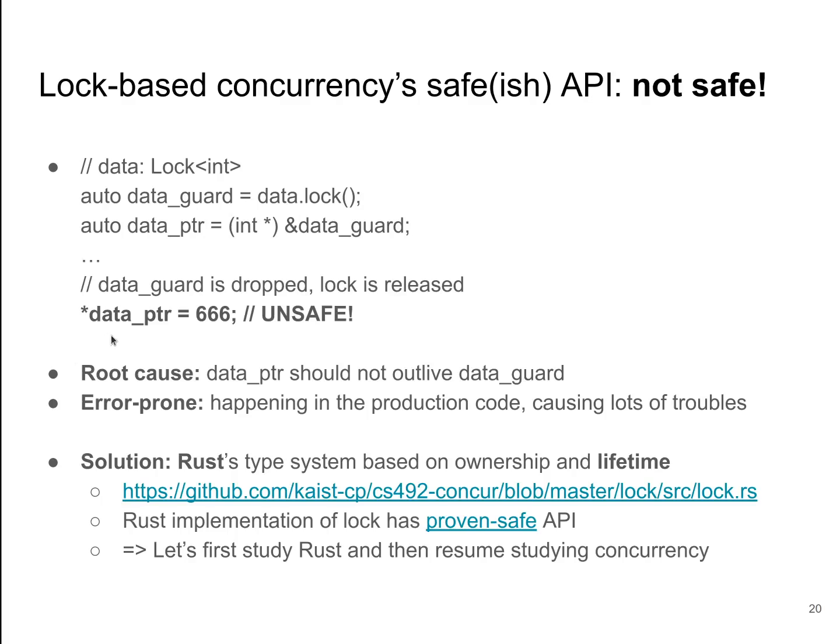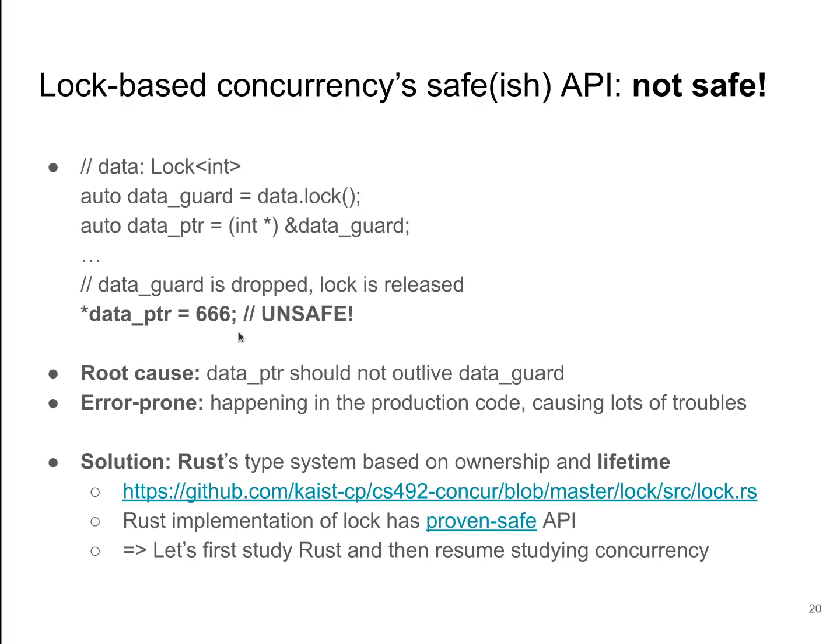The lifetime of the data pointer should not be longer than the lifetime of the data guard, and it should somehow be guaranteed in the type system. That is basically the purpose of the Rust type system, preventing lifetime problems in libraries and programs. So in the Rust type system, we can actually guarantee that. That's the reason why Rust can solve such problems.